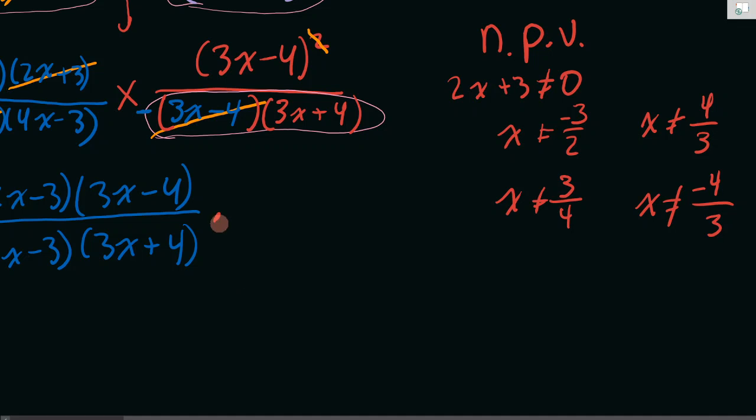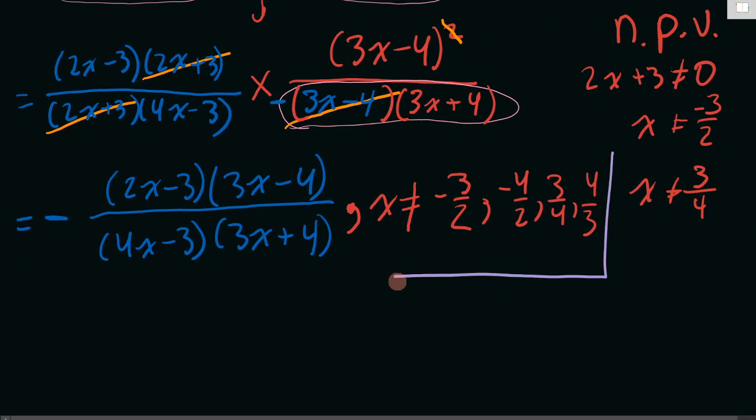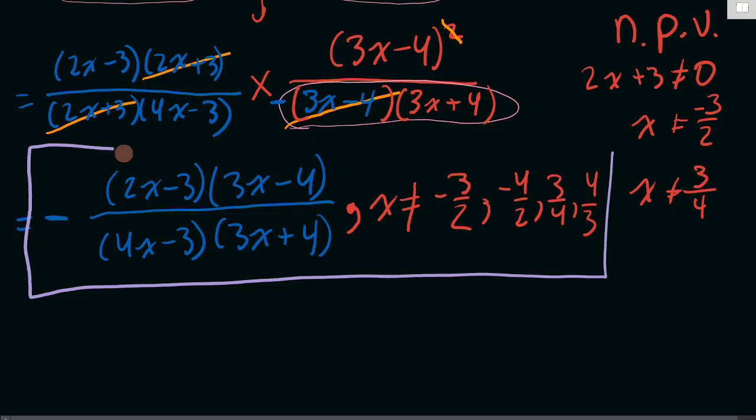Where x is not equal to, furthest to the left, negative 3/2, then negative 4/3, then 3/4, and then 4/3. And so there is your final reduced expression with restrictions. Whew, that was a hard question.